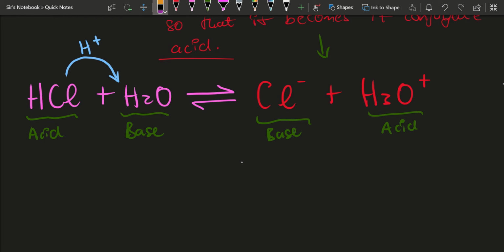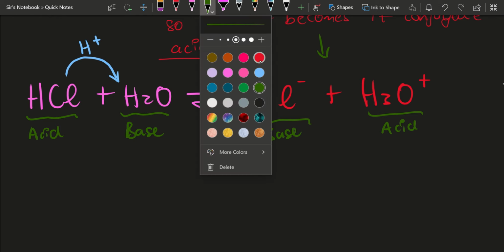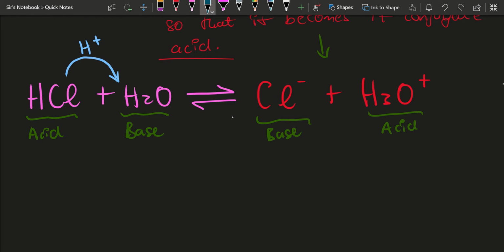Okay, so look at this. We say that two species are conjugate acid-base pairs. Why? Because if I have my HCl and my Cl minus, you'll notice that my Cl minus is an ion formed from HCl when it loses a proton.